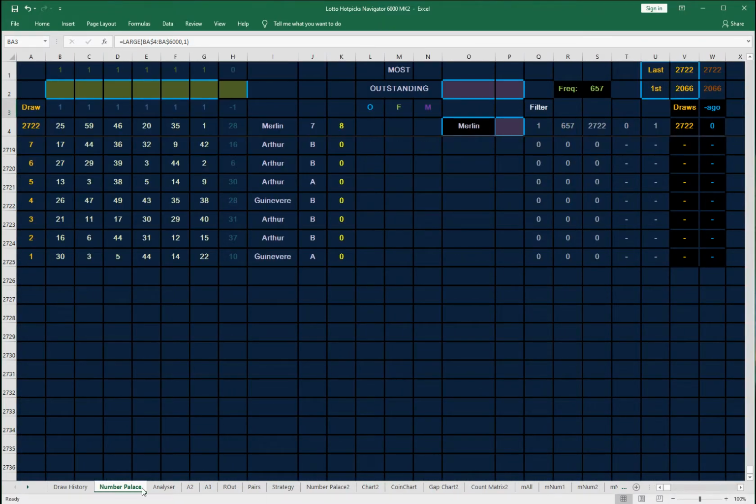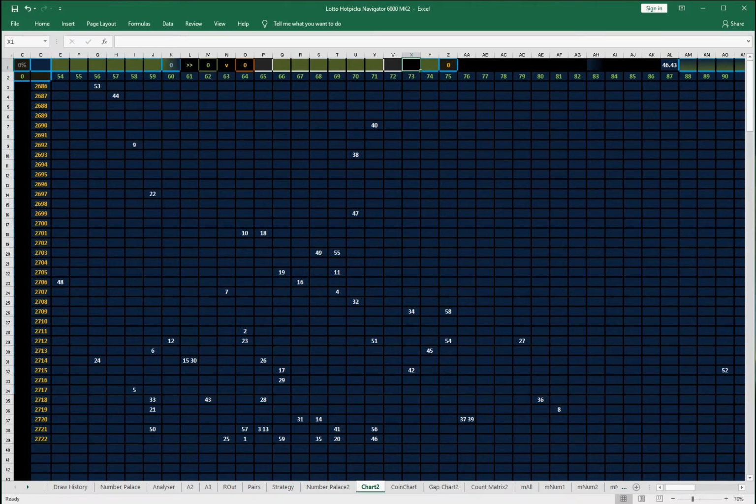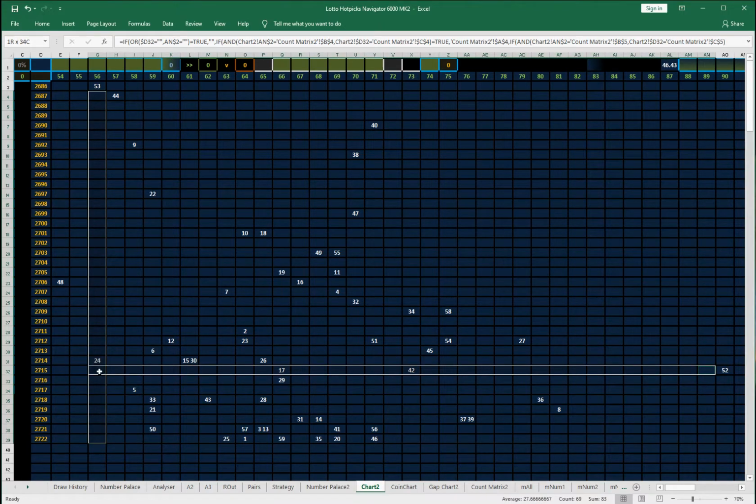And from that I produce this chart. So here we have all the numbers listed by frequency on the x-axis and most recent draw number on the y-axis. So as you can see, there are some numbers that stand out.